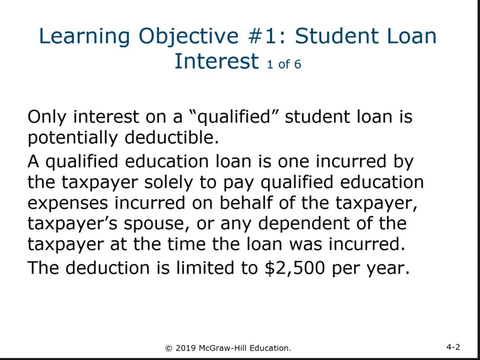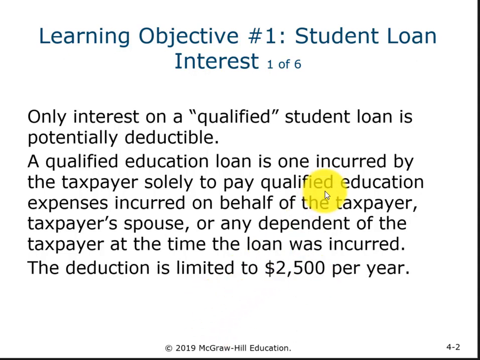The first one, student loan interest, is very common. Okay, and perhaps most likely why we are going to talk about it first, because it's probably one of the most common ones. So first thing we have to decide is, is it a qualified student loan? It has to be incurred by the taxpayer to pay qualified education expenses. So it doesn't say who you have to borrow from, but the money has to be used for qualified education expenses, and that's limited.